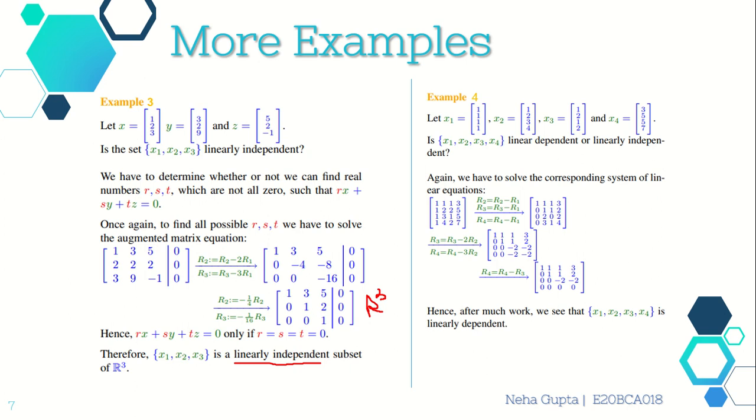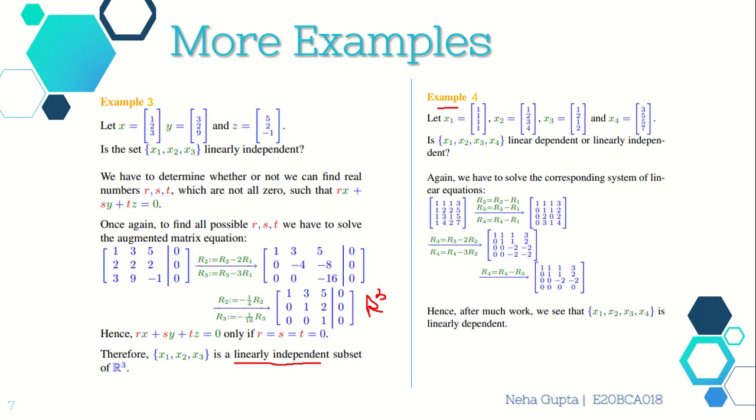So if we see example 4, here we have some vectors x1, x2, x3 and x4. There are four vectors present in the span, and if we solve the corresponding system of linear equations, we find a matrix like 1 1 1 3, 0 1 1 2, 0 0 minus 2 minus 2, and 0 0 0 0.